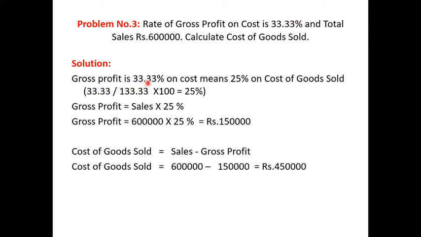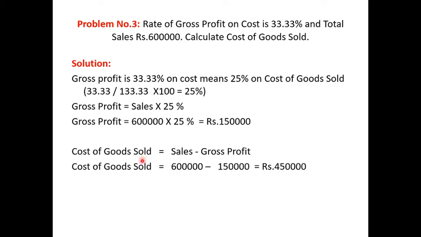So 33.33% on cost is also called as 25% on sales. How we got this 25% means 33.33 divided by 133.33 into 100, 25%. So gross profit is equal to sales into 25%. Sales is 6 lakhs into 25%. Gross profit is 1 lakh 50,000.